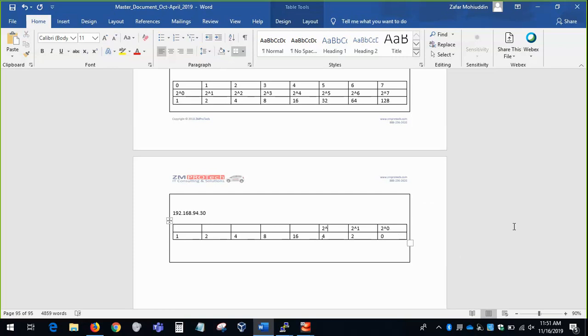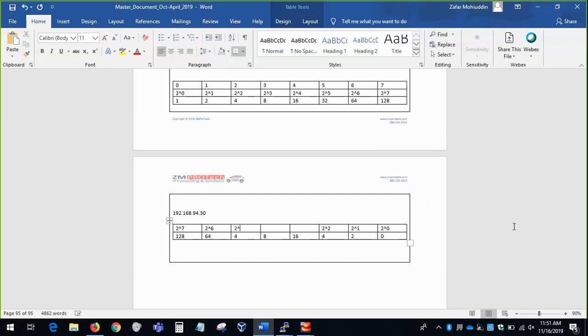Two to the power of 2. Let me start from this side. 2 to the power of 7, here's 128. And 2 to the power of 6, so 64.